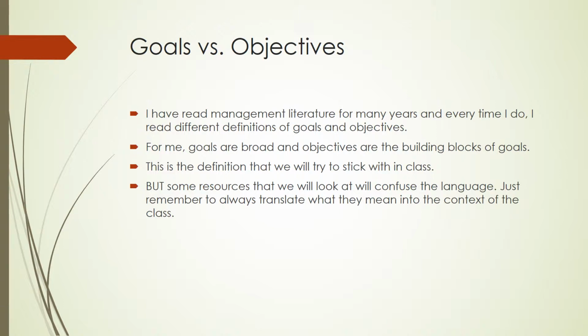So I'm going to use my own language so that I at least can be straight. For me, goals are broad and objectives are the building blocks of those goals. This is the definition that we will try to stick with in class. But some resources that we will look at will confuse the language. Just try to remember: broad is goals, and narrow and step by step are objectives.